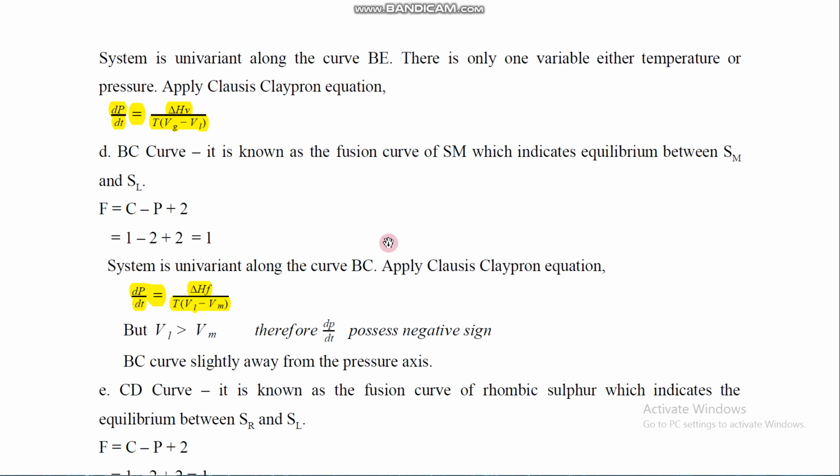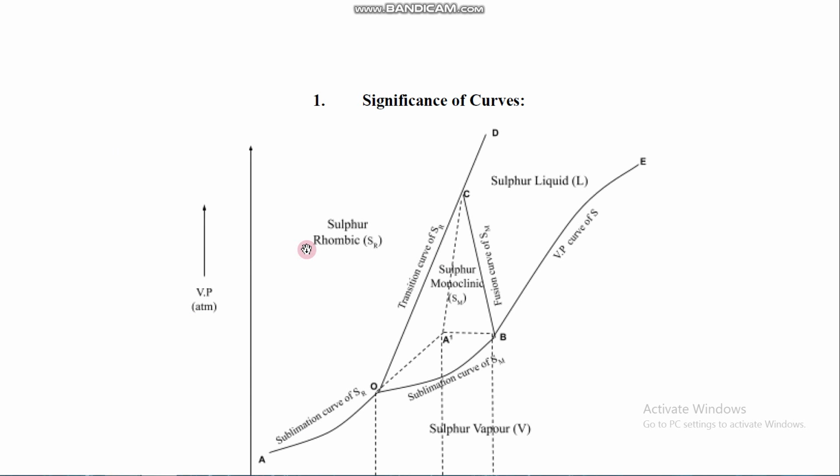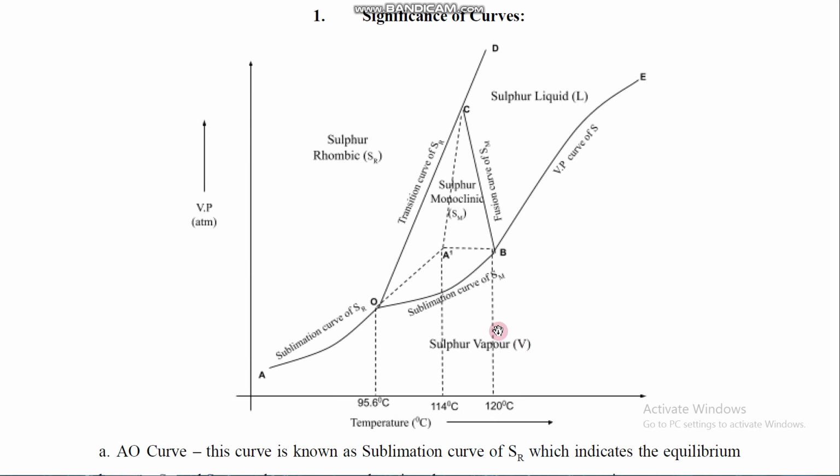In the BC curve, the composition is the same, sulfur only, and the phases are 2: one is sulfur monoclinic and the other is sulfur liquid. So the degree of freedom is 1. When you apply the Clausius-Clapeyron equation, dP by dT is equal to delta Hf by T into (VL minus Vm), because it is a fusion curve. So this is about the BC curve.